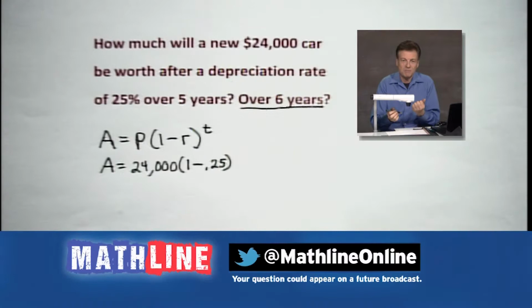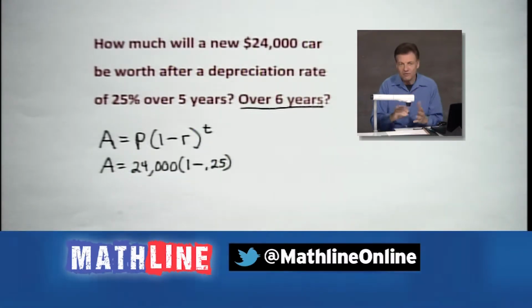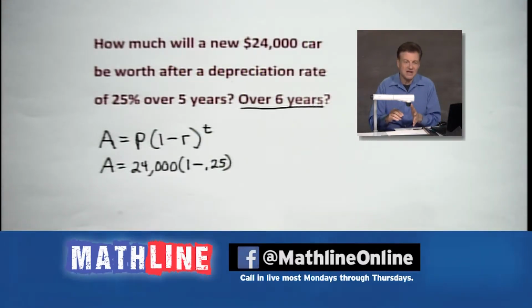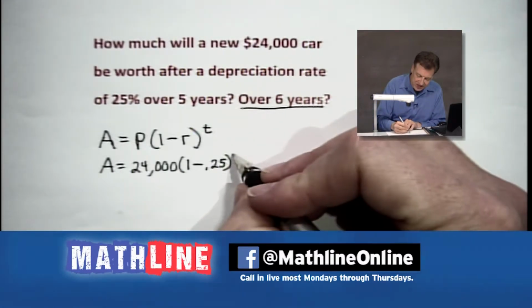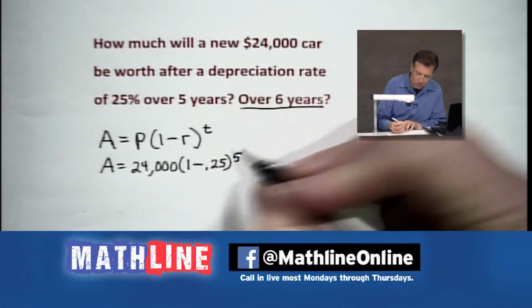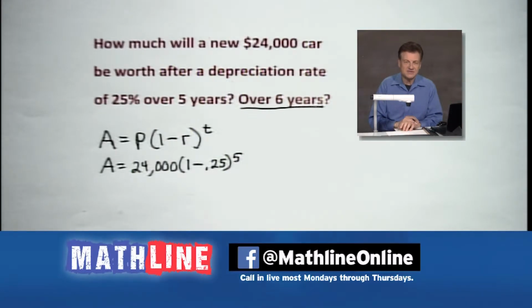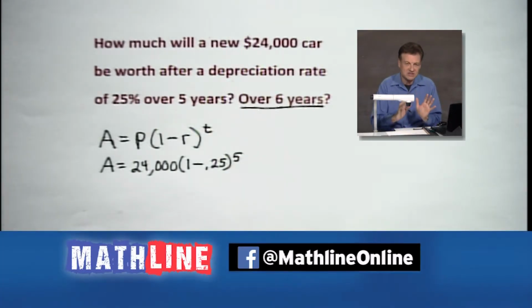In other words, you're keeping 3/4 of the value each year, 3/4 of the value again and again until you finally get down to the 5th year. That's what this exponential part is. That's where the 5 works for us. It allows us not to have to run through 5 different computations on the calculator. We will go straight to it.